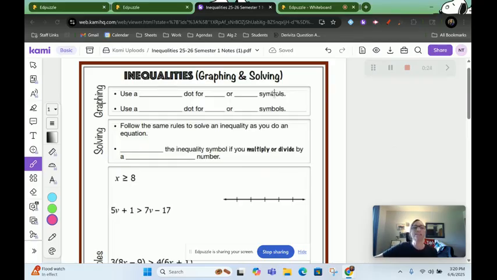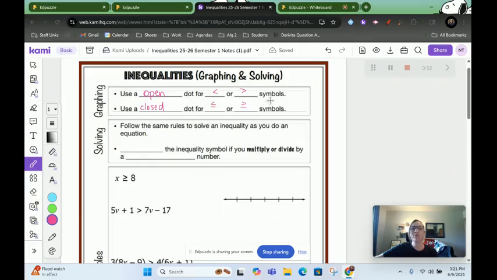All right. So we know that we need to use an open dot or an open circle when we are using less than or greater than symbols. If you're still a student that gets those confused, just remember less than looks like a tilted L. We're going to use a closed circle or dot if those symbols have an equal to sign underneath them.